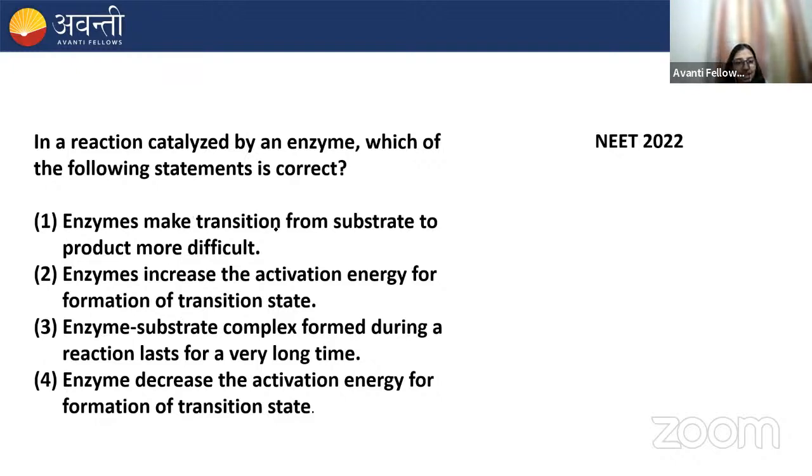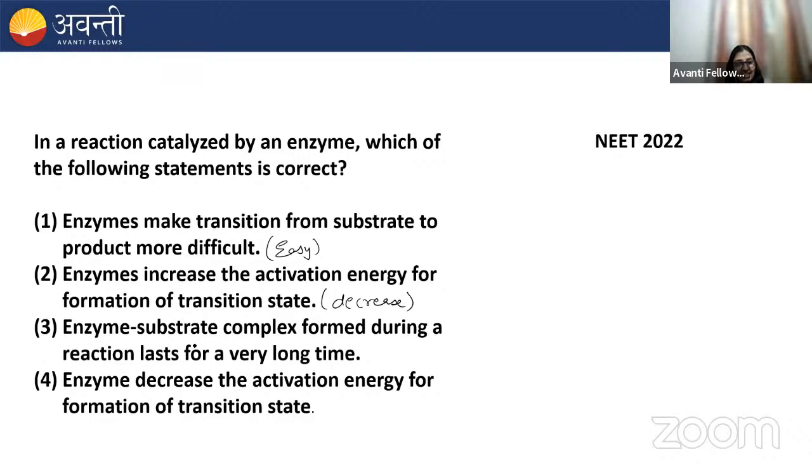Option 1 says the enzyme makes transition from substrate to product more difficult. No, the enzyme makes the transition from substrate to product easy, more easy, not difficult. Option 2 says the enzyme increases the activation energy for formation of transition state. No, I told you that enzymes lower or decrease the activation energy of the reaction, because of which it increases the rate of the reaction. So it decreases the activation energy.